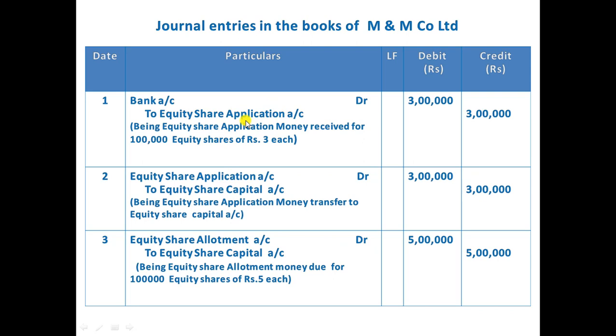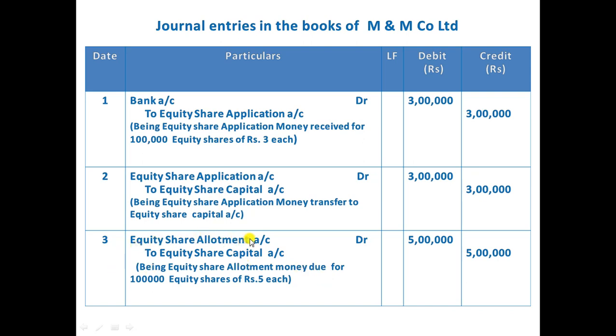After getting the applications, the company now knows who the shareholders are. So now the company transfers the allotment money to capital, then receives it. So the second entry and third entry are almost the same: here the application money was transferred to capital, and here the allotment money is transferred to capital as a due.